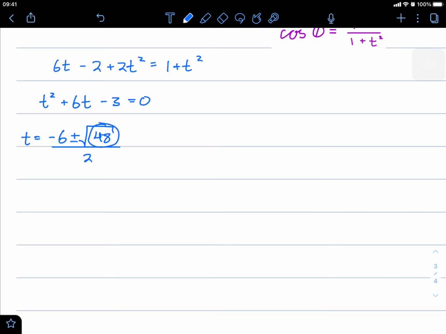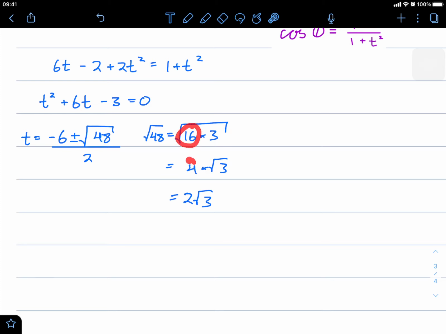We can simplify this third. Square root 48 is going to be... oh, sorry, my apologies.